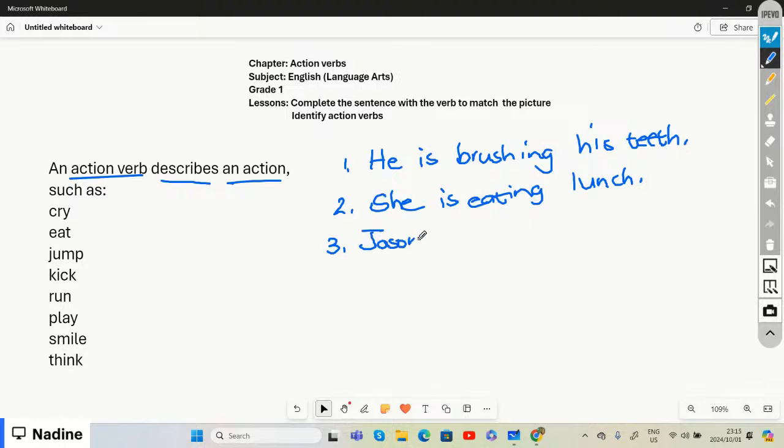The next one is, Jason is sleeping on the couch.